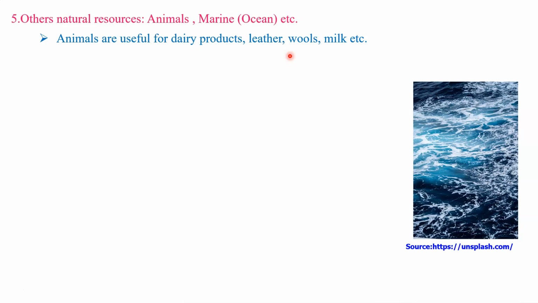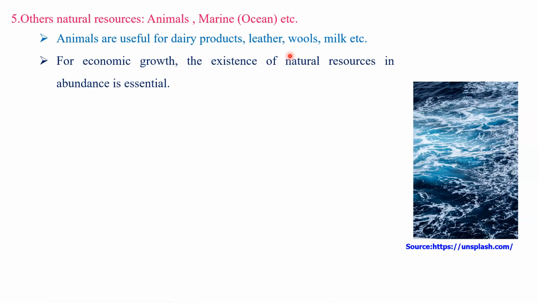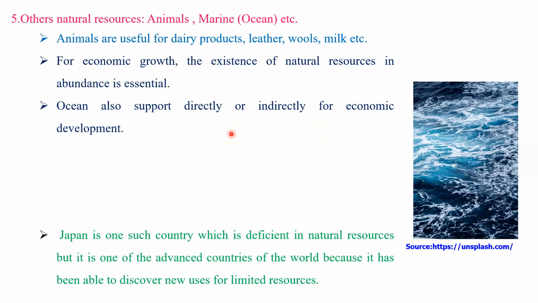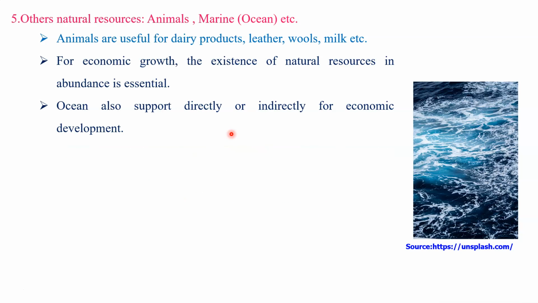Then we have the marine resources, or you can say the ocean. Yes, the ocean is also very important, because the ocean supports economic development directly or indirectly. I just mentioned activities such as fishing, a very important activity that depends on the ocean, and at the international level fishing is very important. Then water transportation is a very important means of transportation at the international level, especially since most trade of bulky goods is carried out by water transportation.